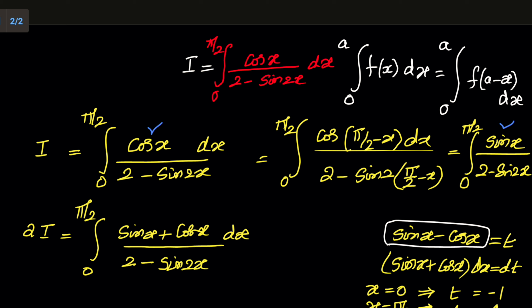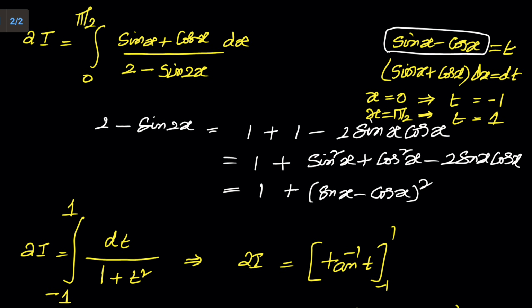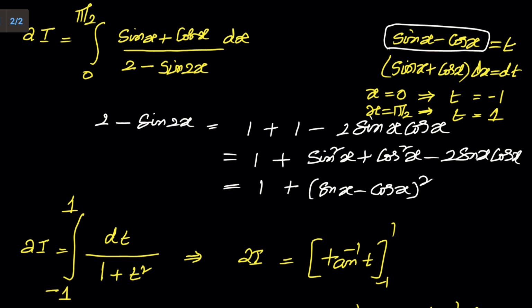From that we got integral 0 to pi by 2 sin x by 2 minus sin 2x equal to I. So only the numerator changed from cos x to sin x. Denominator remained the same. Adding them, we will get 2I equals to integral 0 to pi by 2 sin x plus cos x by 2 minus sin 2x.